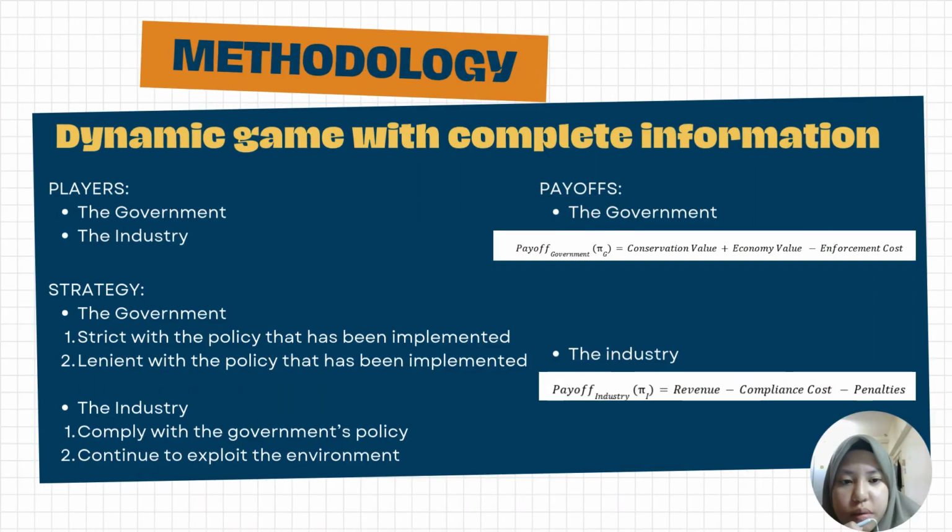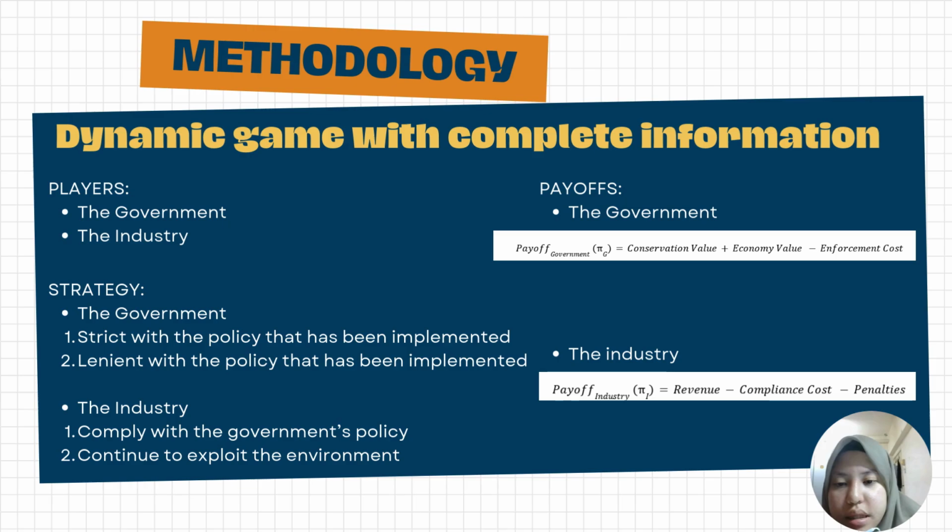To solve this problem, we will use a game theory approach, which is a dynamic game with complete information. This is a dynamic game since player one, the government, will play first, followed by player two, the industry. And it is complete information because both players know each other's payoff. The players, of course, are the government and the industry.